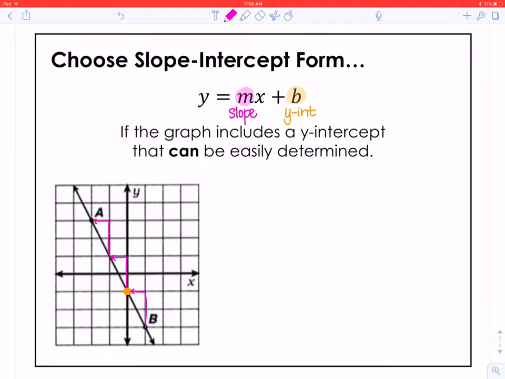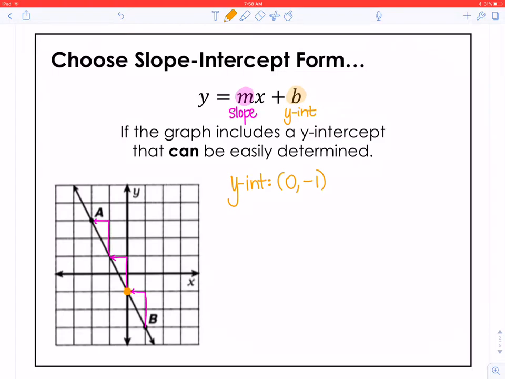So we want to make sure that we have that constant rate of change from point to point to make sure that we actually are hitting at a nice, neat corner of our grid for our y-intercept. Okay, so we can be certain that our y-intercept is the point (0, -1).